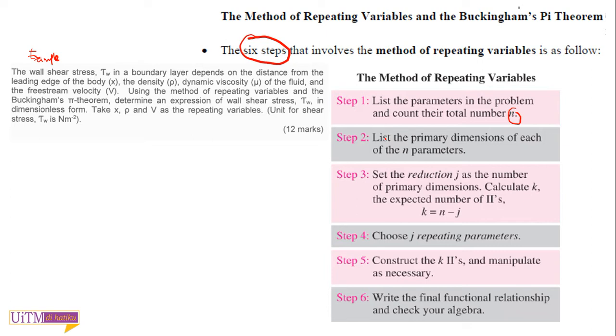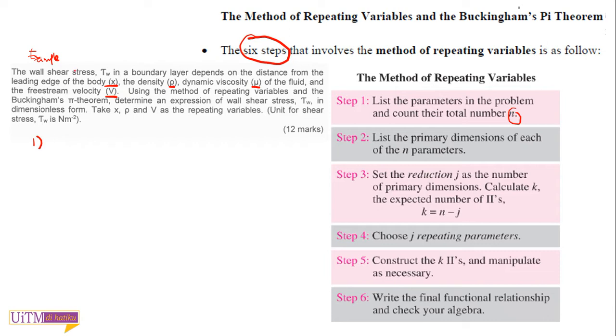For example, in this question: the wall shear stress tau in a boundary layer depends on the distance x from the leading edge of the body, the density rho, the dynamic viscosity mu of the fluid, and the free stream velocity v. Step 1: list the parameters in the problem and count their total number n.